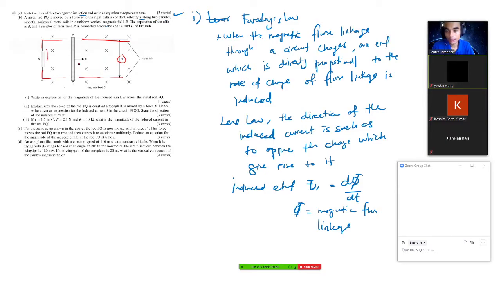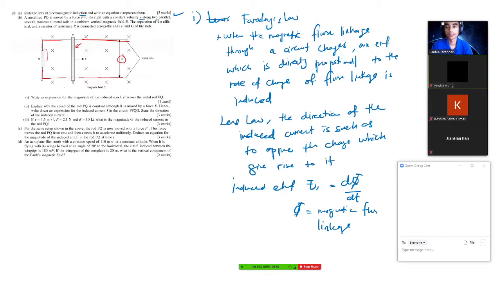What happens is there will be a force pushing the metal rod to the right side. One thing that is happening here is the area inside the magnetic field will be increased.